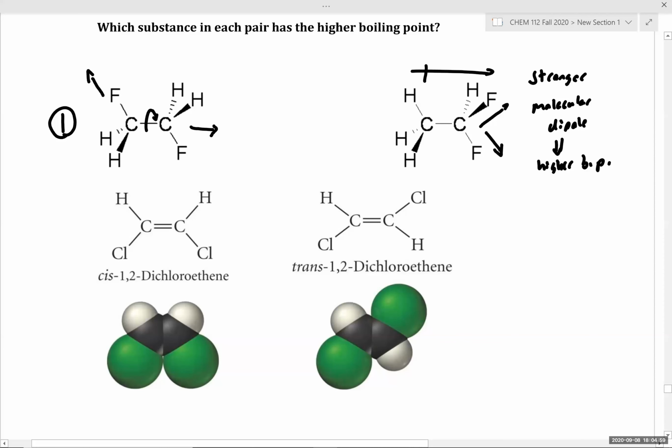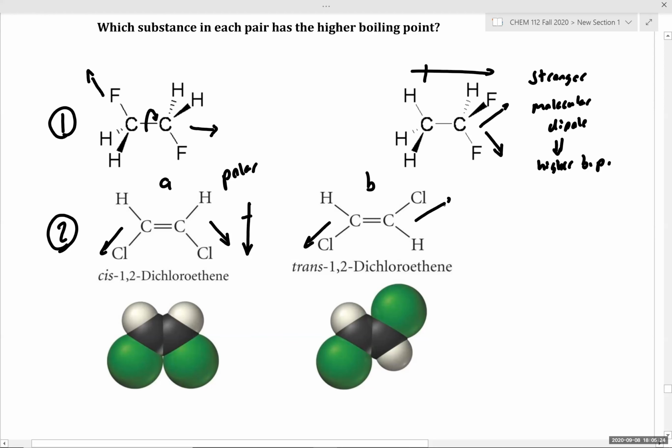If we look at each of these molecules, which of these molecules would have a stronger molecular dipole? A or B? The cis or trans isomer? A, yep, cis, exactly. The cis isomer actually has a net molecular dipole. It's a polar molecule.